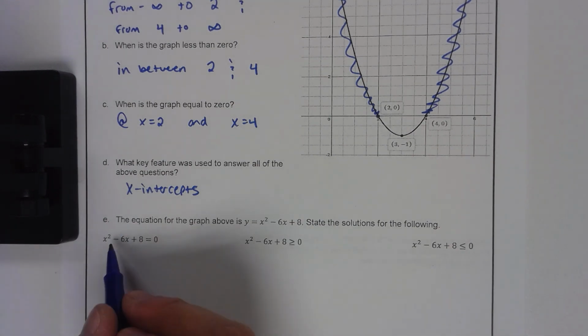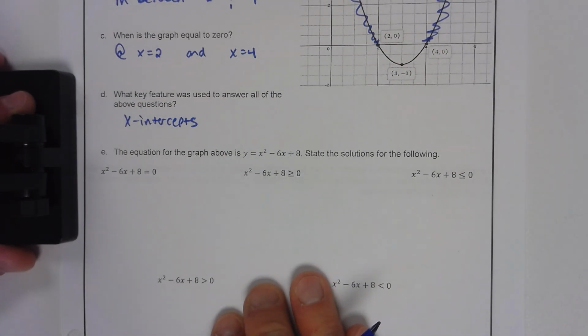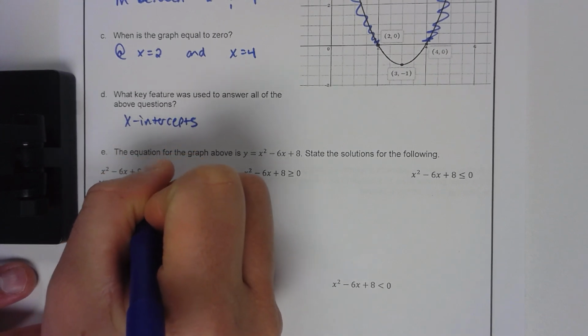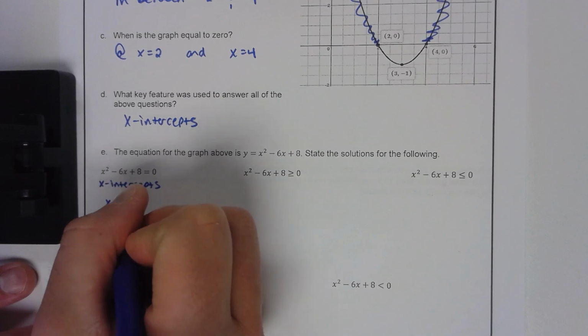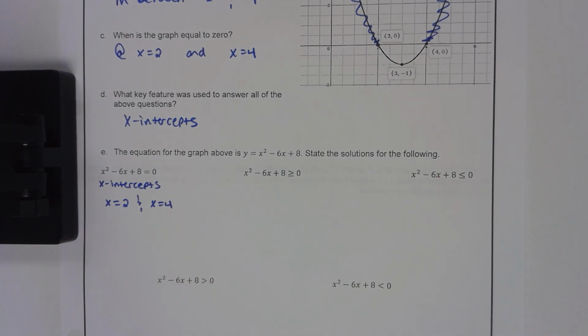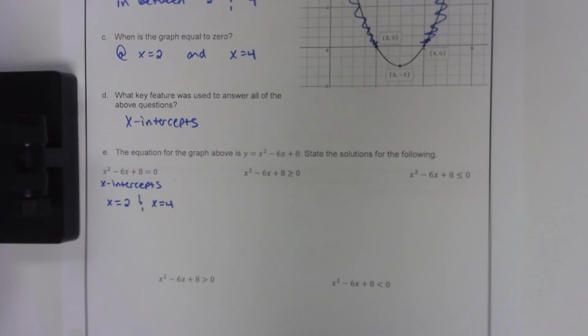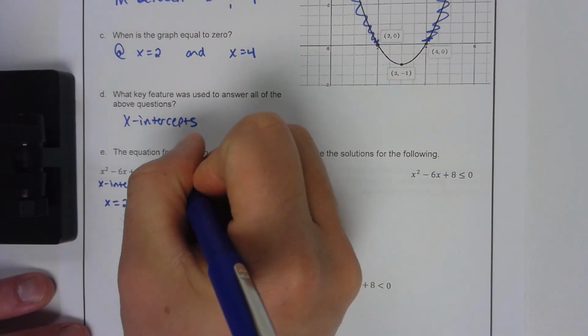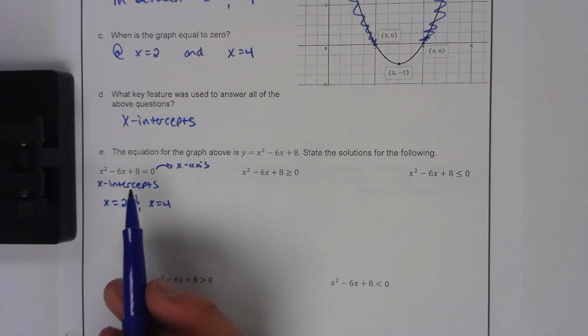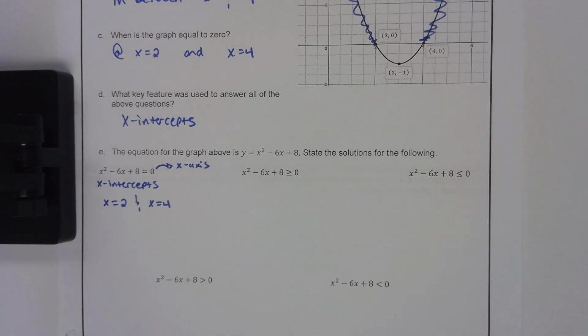If we are simply solving x squared minus 6x plus 8, we're identifying the x-intercepts, which we found to be x equals 2 and x equals 4. Again, I'm just using the graph there. Anytime you're solving an equation, there's always a graph to represent it. And when one side is 0, this again is representing the x-axis. So when I solve this equation, we're basically asking, when is this quadratic equal to the x-axis or on the x-axis?